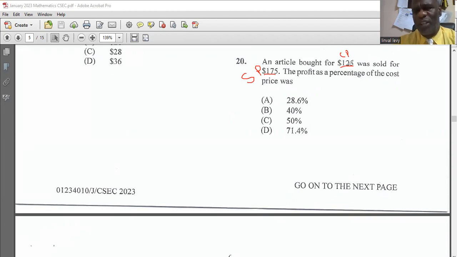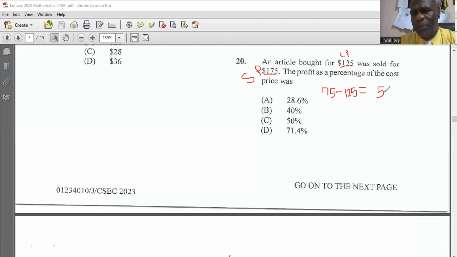So the profit right away, we can see, is $175 minus 125, and that is equal to 50.